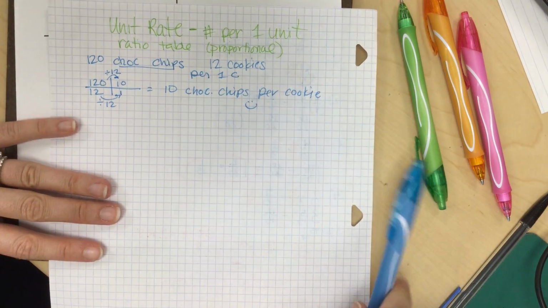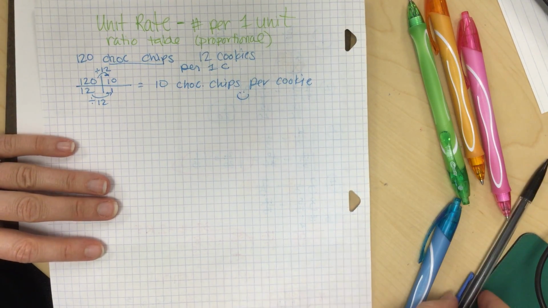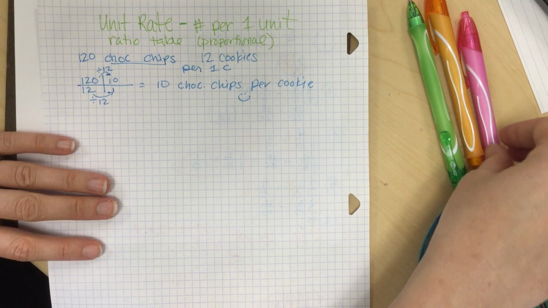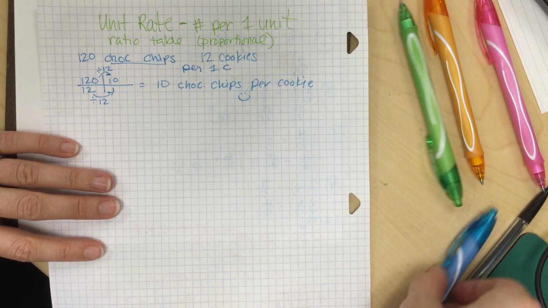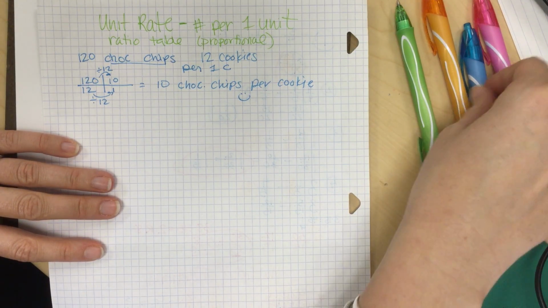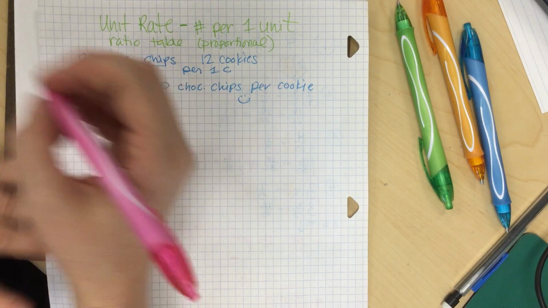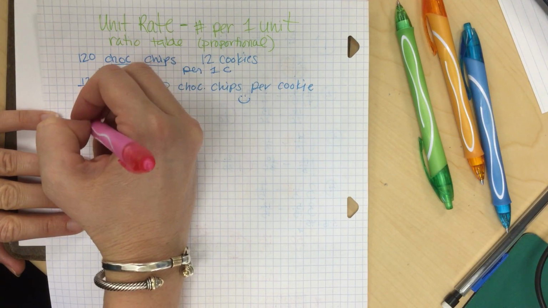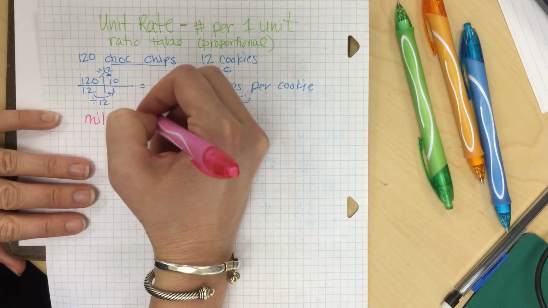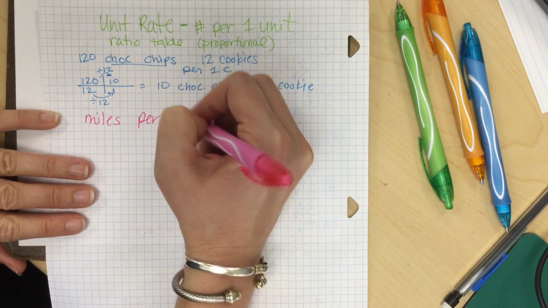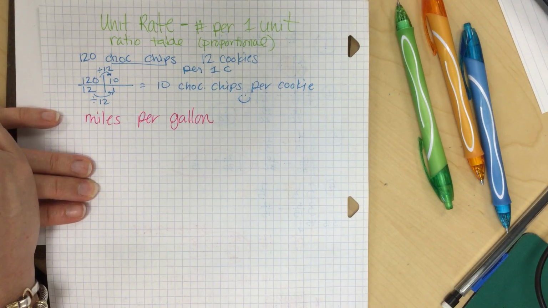Yum. All right, my next example has to do with using gasoline in a car on a road trip. So you go on a road trip, and I want to know the number of miles per gallon that I get on this road trip.